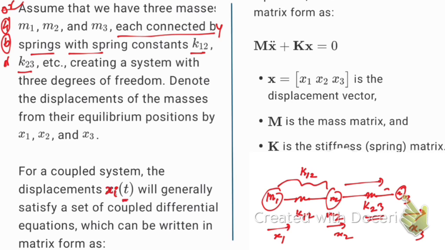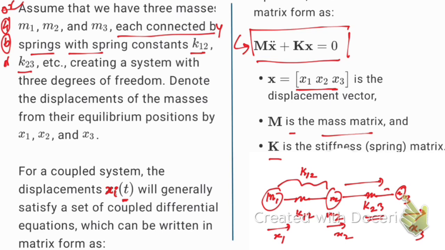So it generally satisfies a set of coupled differential equations which can be written in this matrix form, where k is equal to this and x is equal to this matrix. M is the mass matrix, and k is the stiffness matrix, a matrix of spring constants.